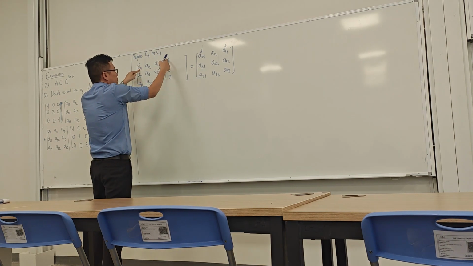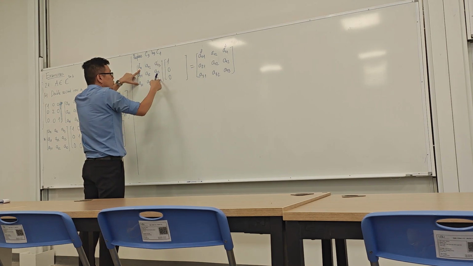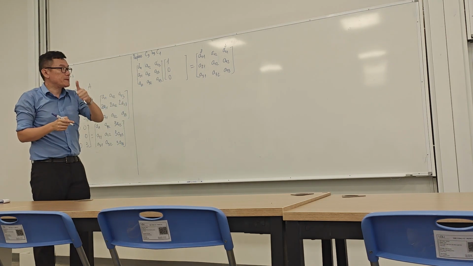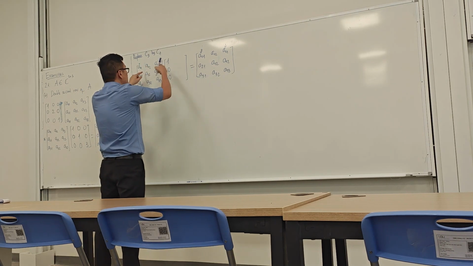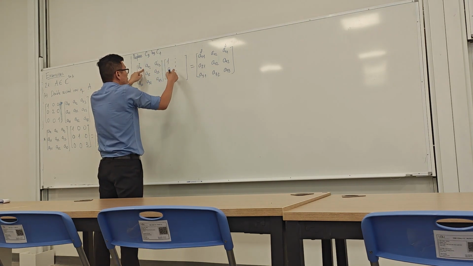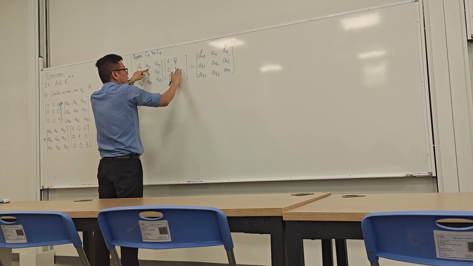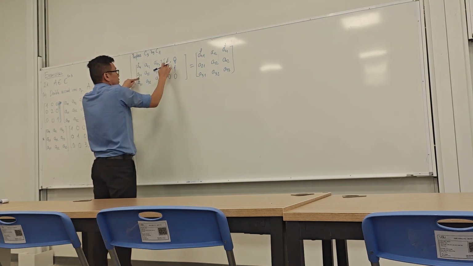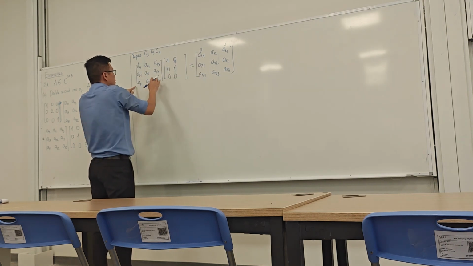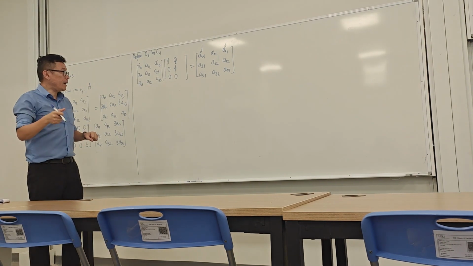Then you get A11, A21, A31. For the second, the one in the middle, you have 0 here, 1 here, and 0 here. Then you get A12, A22, A32. Is it okay?